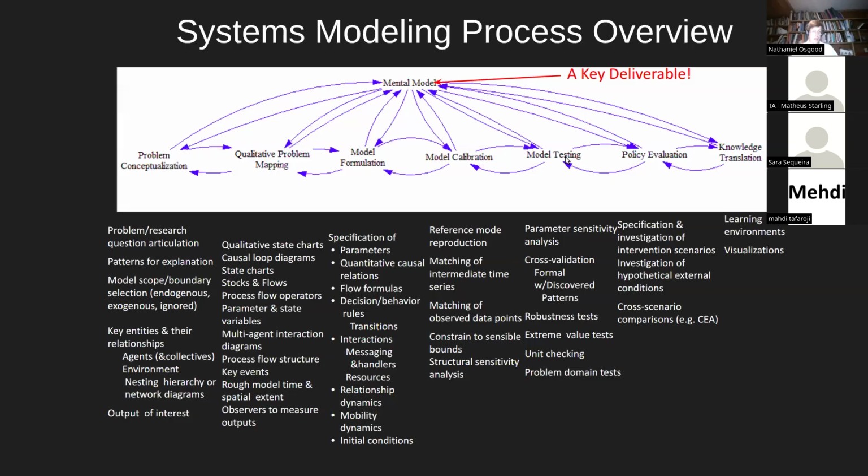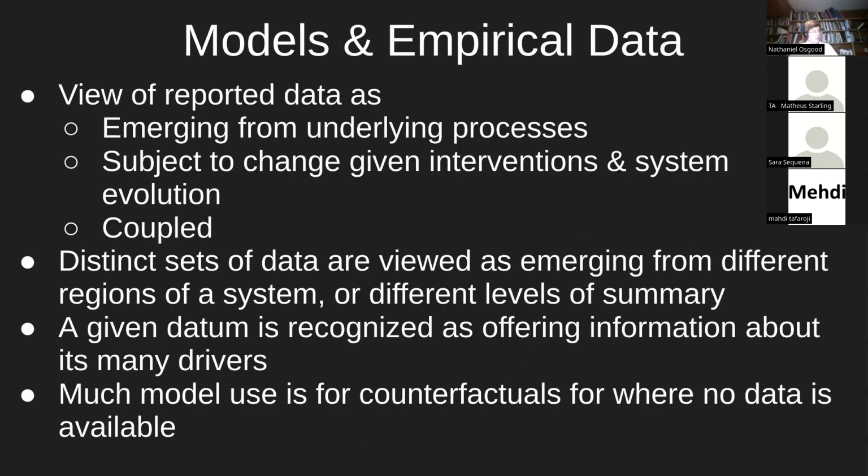Our model testing and extreme values and so on might find that we need to refine our calibration or indeed the formulation. But for all of this, often the most important deliverable is our mental model. It's what we're carrying away in our understanding. Just be aware that the modeling process involves successive stages, but those stages are iterative, as is our learning.